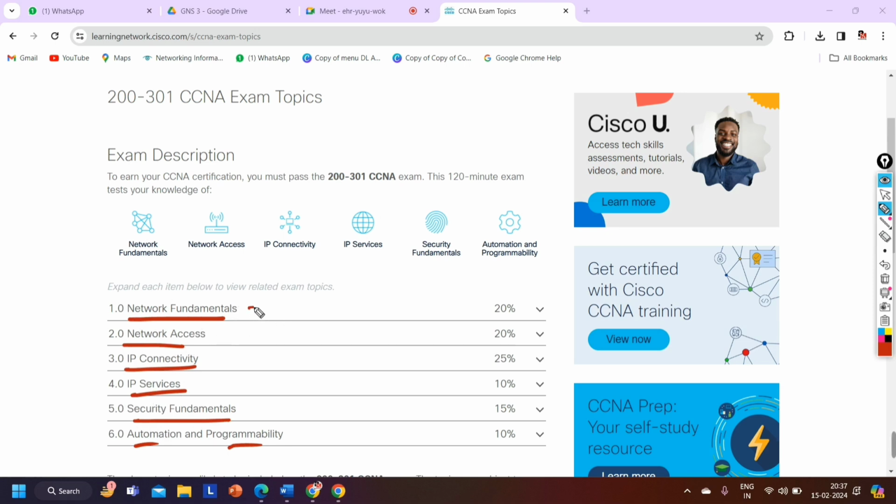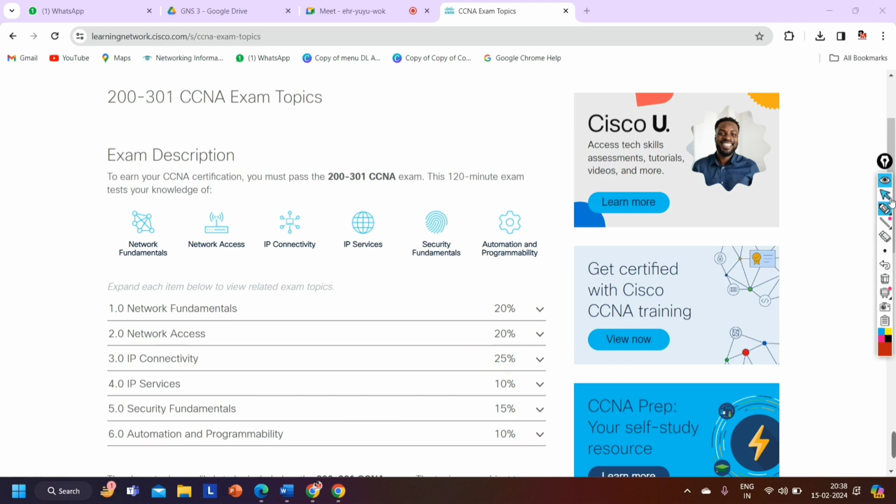The first one, network fundamentals, is 20% of your syllabus. Network access, again 20%. IP connectivity, 25%. IP services, 10%. Important, right? Security fundamentals, 15%. And automation and programmability, 10%.